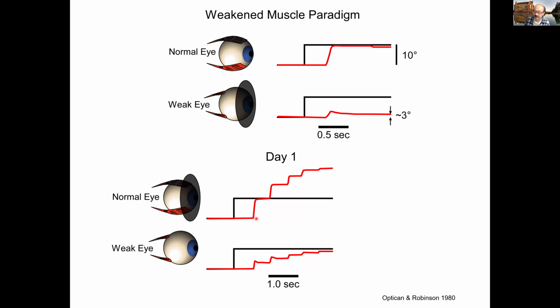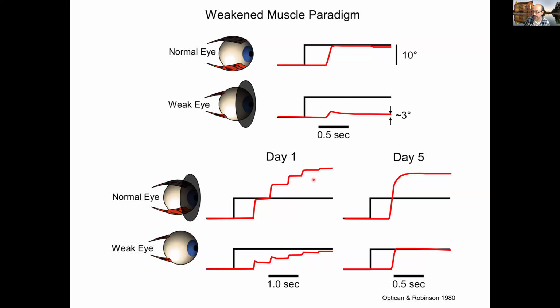And the normal eye, as you would expect, the first saccade will reach the 10-degree target, but the staircase saccades bring the eye position far into the periphery. And then the monkey is returned to the cage and continues viewing with the weak eye.